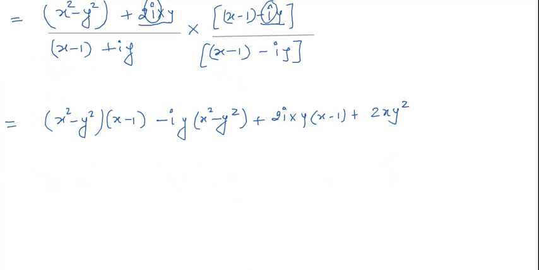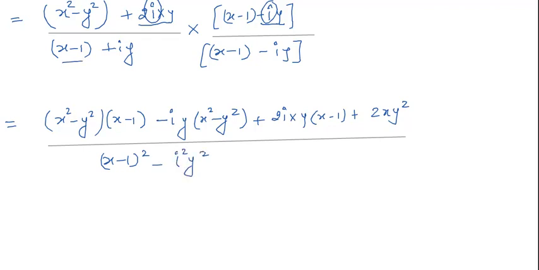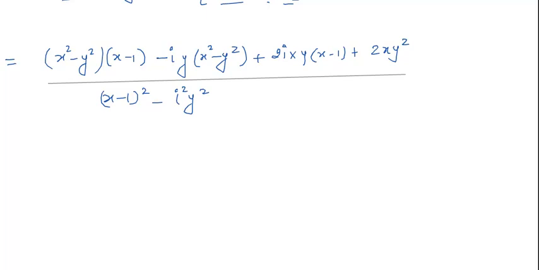In the denominator we will be having x minus 1 whole square minus iota square y square, because this is (a plus b) and (a minus b), so that will turn out to be a square minus b square.